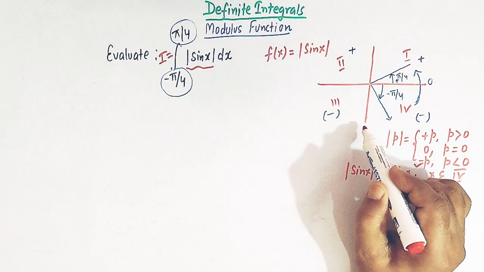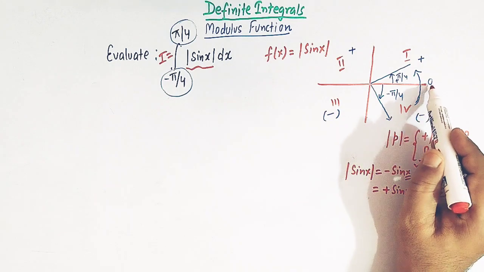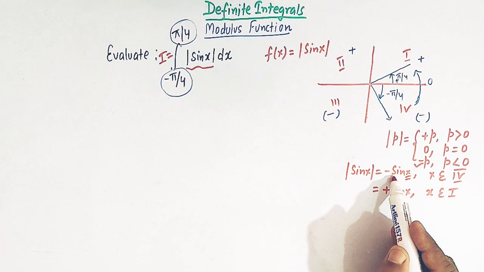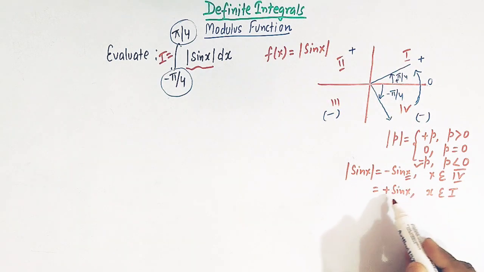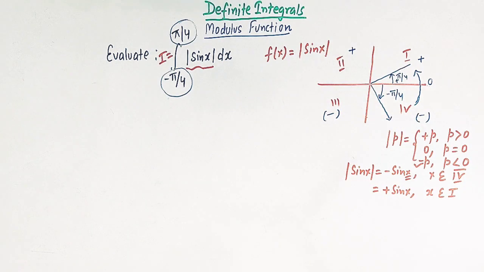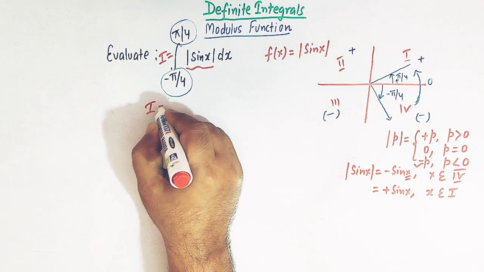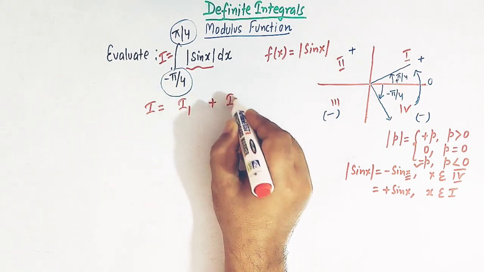So when we go from 3 pi by 2 to 0, mod of sine x is negative, and when we go from 0 to pi by 2, mod of sine x is positive sine x.